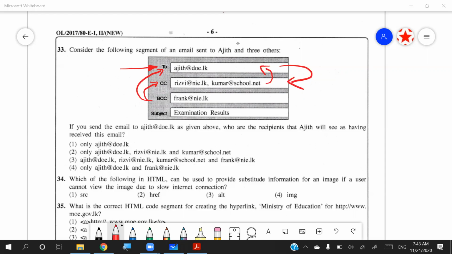So only Ajit doe.lk, wrong. Only Ajit doe.lk, Rizvi, and Kumara? Yes, that one is the correct one. Ajit can't see Frank, so this is wrong because it says it can be seen by Frank. Only Ajit and Frank? No, not again. So the correct answer is going to be the second one.